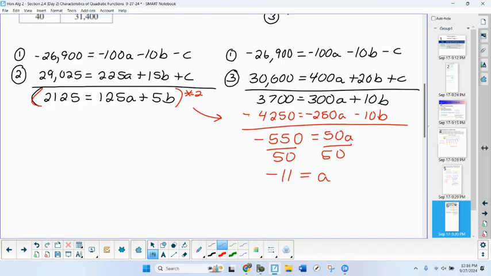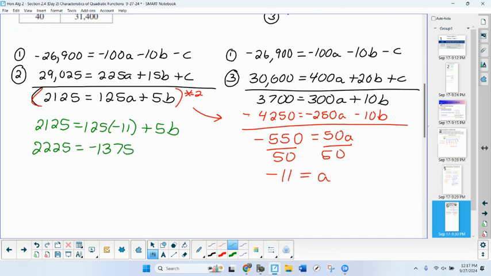Okay, now what do we do? Which equation do you guys want to go into to find B? The one on the left or the one on the right? Left? This one? Okay, so 2125 equals 125 times negative 11 plus 5B. What's 125 times negative 11? I mean, this is just ugly because of the big numbers. Yucky big numbers. How are we going to solve this now?